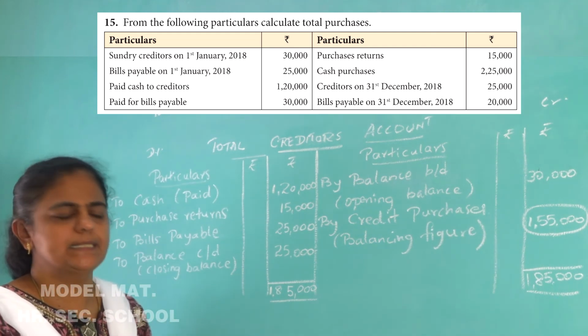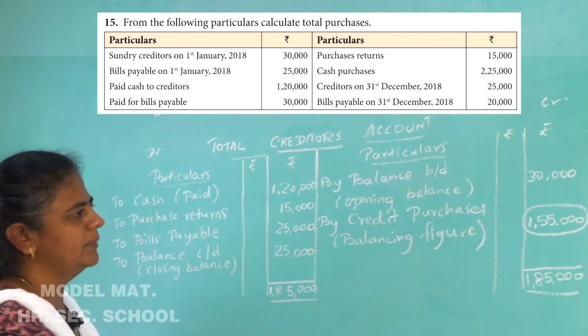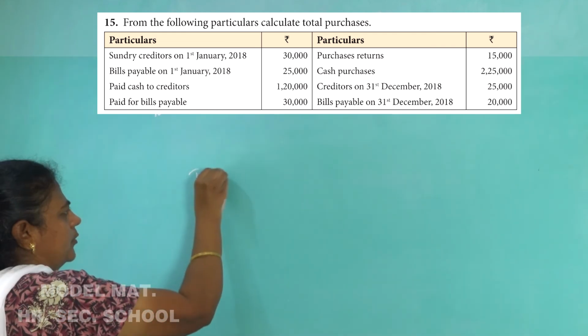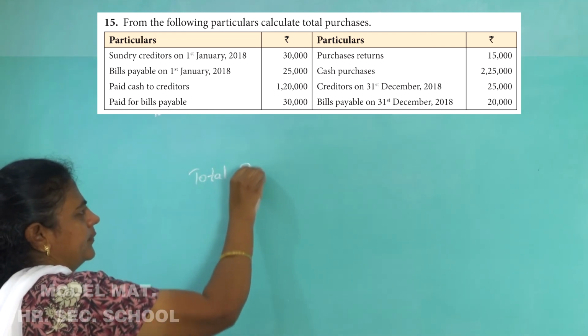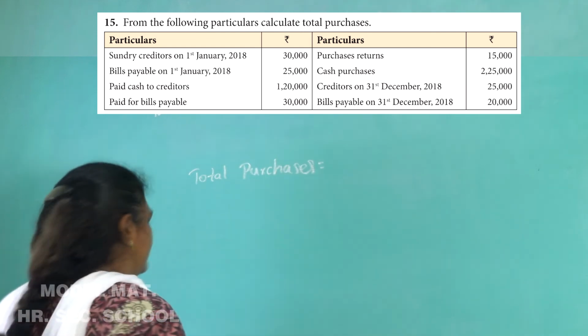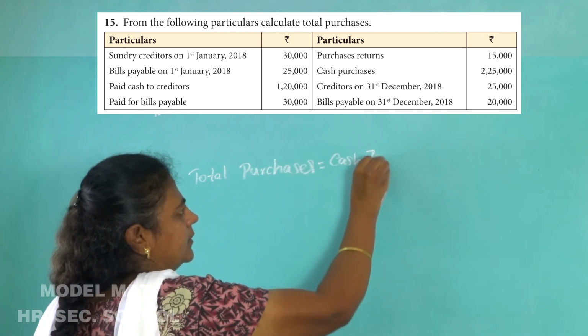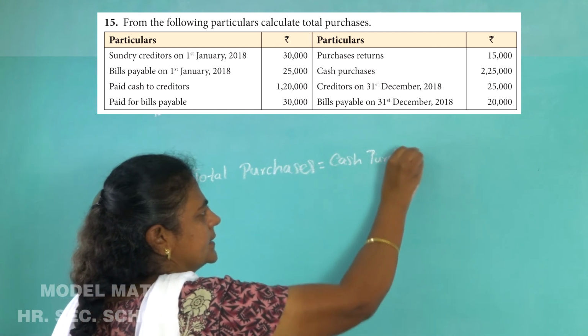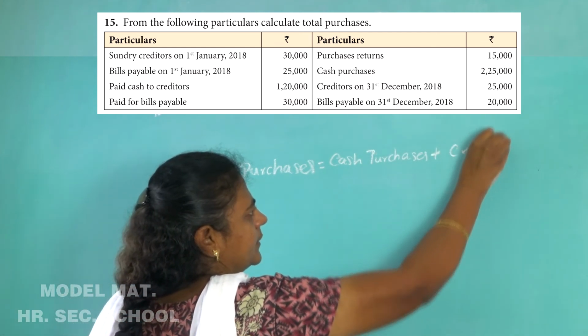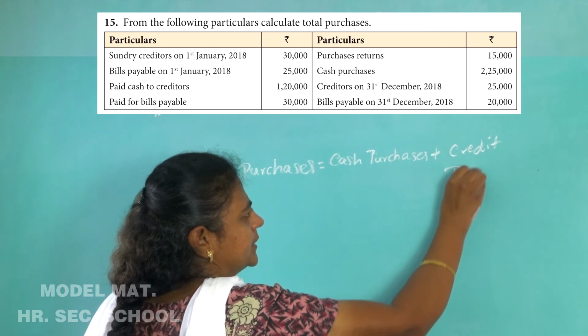Now what is asked in the question? Total purchases is asked. Next you have to calculate total purchases. So total purchases is equal to cash purchases plus credit purchases.